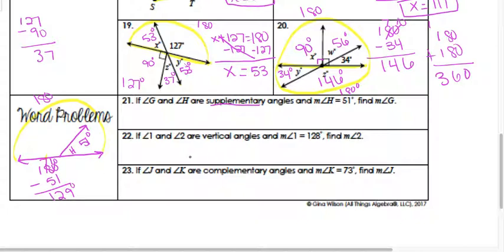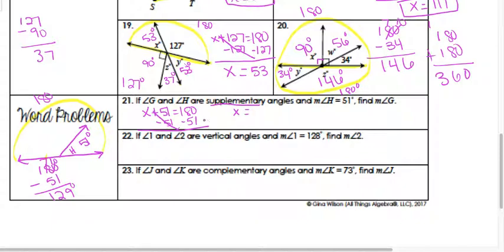So, the missing angle, and actually what you could do, let's do this one algebraically. X plus 51 equals 180, and then you're going to subtract 51 from both sides. I'm running out of room, so forgive me for putting it over here.